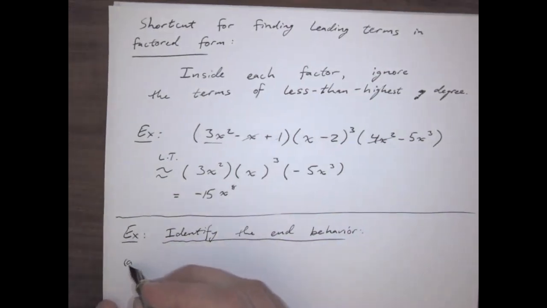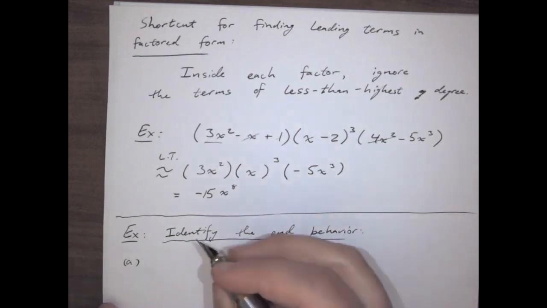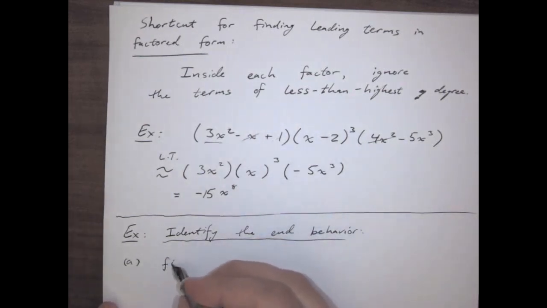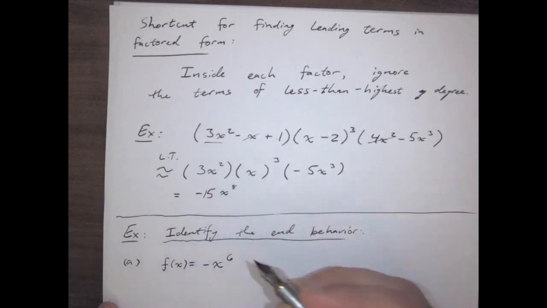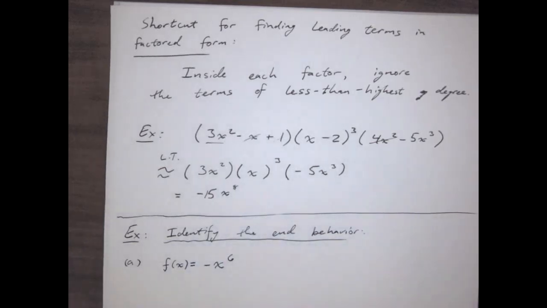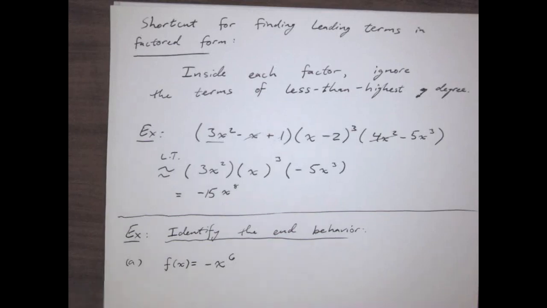Alright, first let's take a relatively straightforward case, just something like this. F of x is equal to negative x to the 6th. So this is just a power function. It doesn't have multiple terms, so we don't even need to worry about identifying the leading term. The leading term is identified for us.